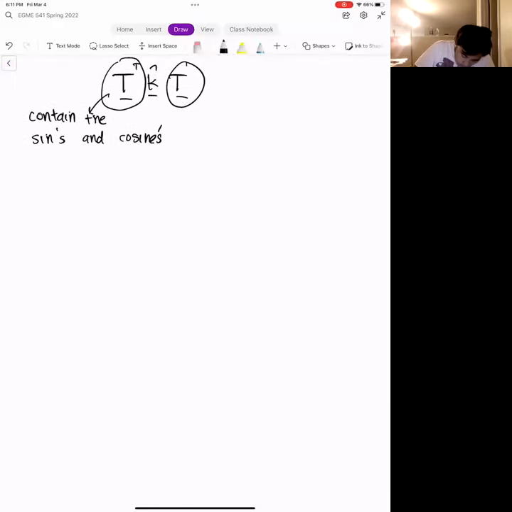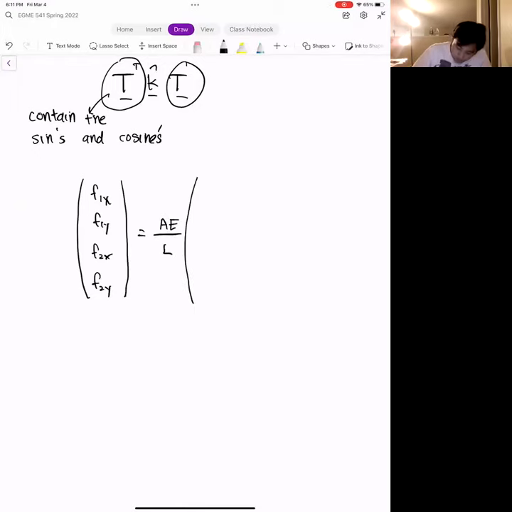Our element stiffness matrix in the stationary coordinates, which again is a 4x4, so we have F1x, F1y, F2x, F2y, is equal to AE over L multiplied by cosine squared, cosine sine, minus cosine squared, minus cosine sine.